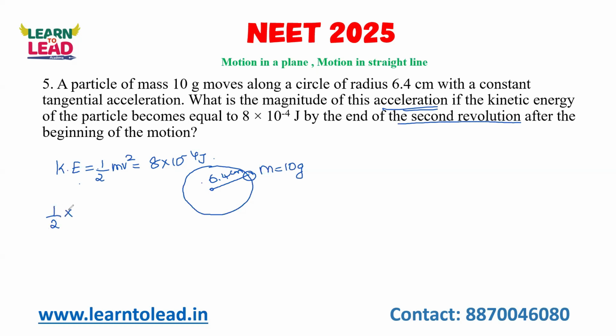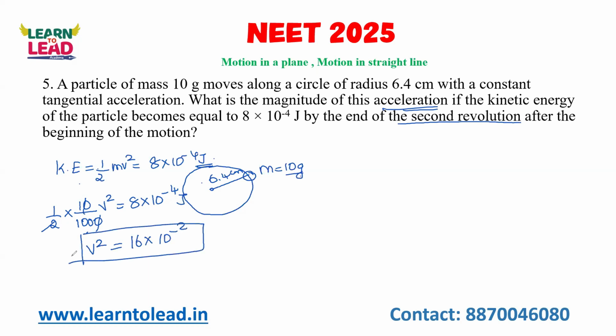As kinetic energy is in terms of joules, substitute mass in terms of kilogram. They have given mass as 10 gram. Convert that into kilogram, divide the value by 1000, into v square. It's equal to 8 into 10 to the power minus 4 joules. So the zeros will get cancelled. So v square is equal to 16 into 10 to the power minus 2.